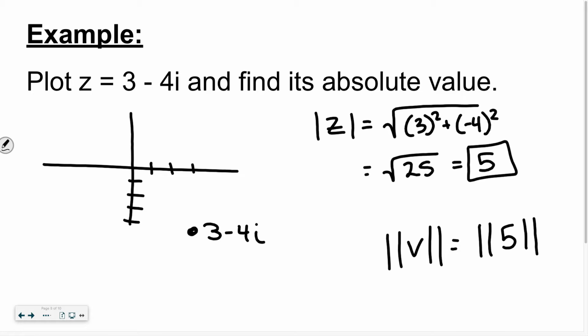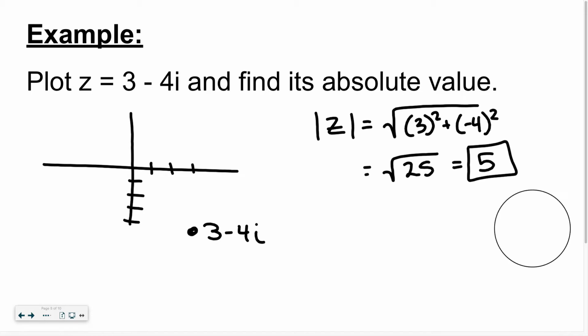But you don't need those magnitude bars. The answer should just be 5. Same thing for absolute value. If you do the absolute value work right here, you don't need an absolute value around the 5 anymore. Just like when you do 2 plus 3, the plus sign goes away. So something to note, and you'll see that when you get those back tomorrow.